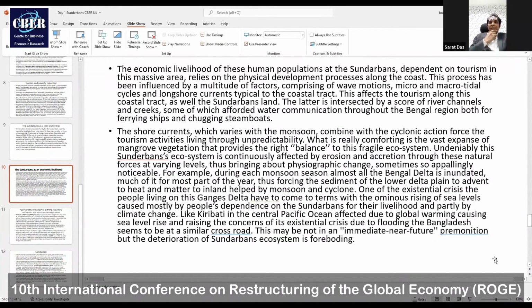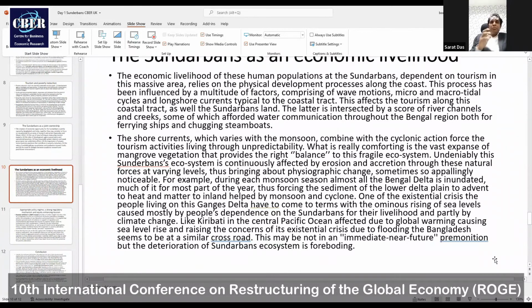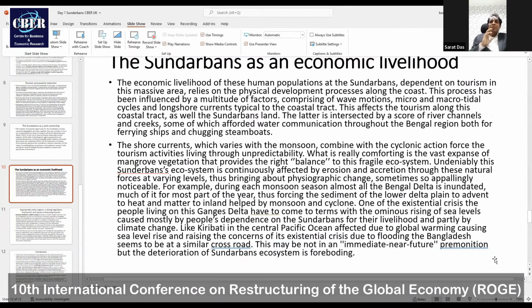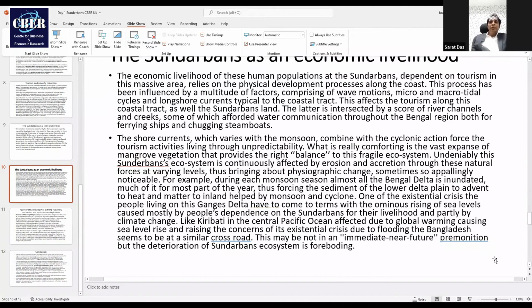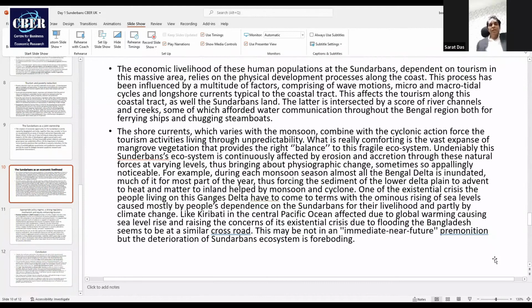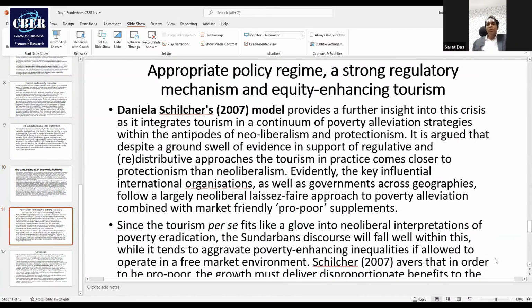So here Schiller says that in order to be pro-poor, the growth must deliver disproportionate benefits to the poor to reduce the inequalities, which have been found to limit the potential for poverty alleviation. I think that's probably a good thing before I go into my conclusions.